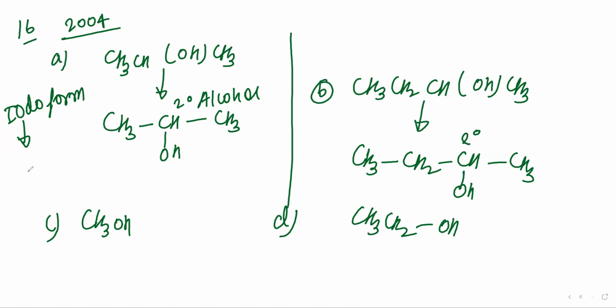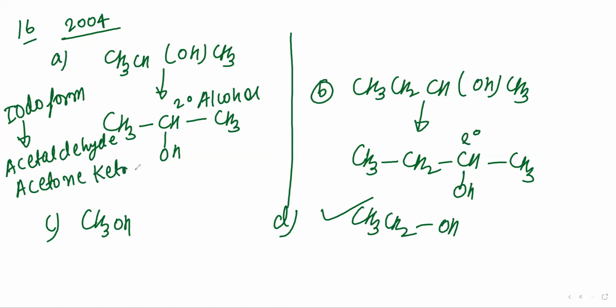Ethyl alcohol is this one, so this can give the iodoform test. Acetaldehyde, acetal means aldehyde. Next is acetone. Acetone means ketone. It is given by ketone also.